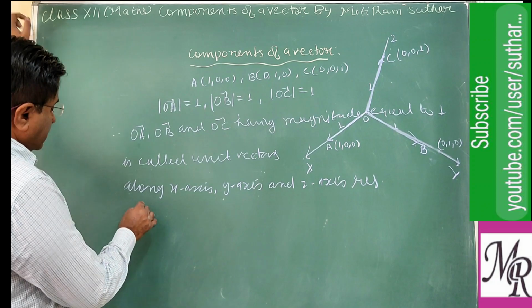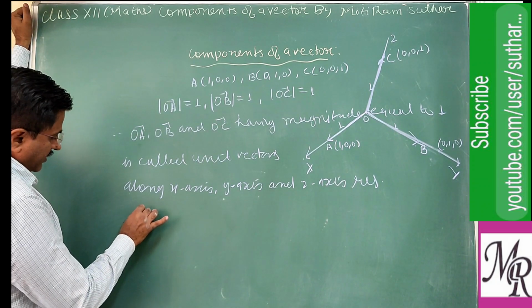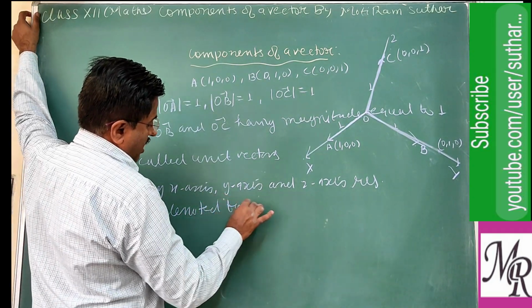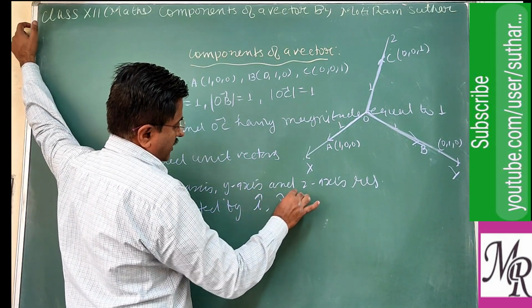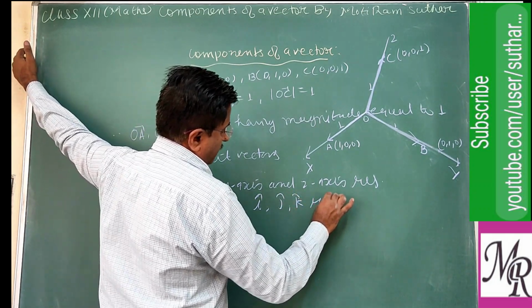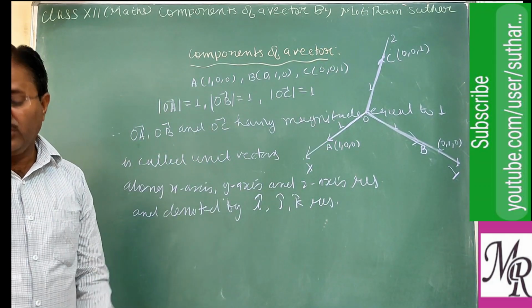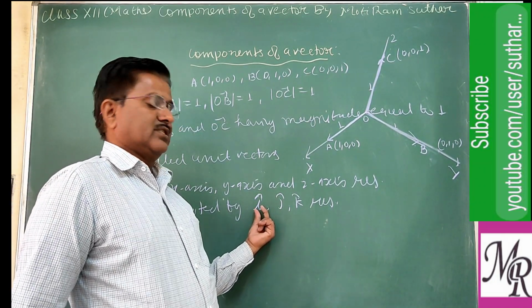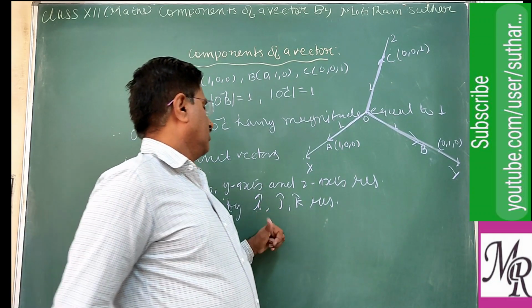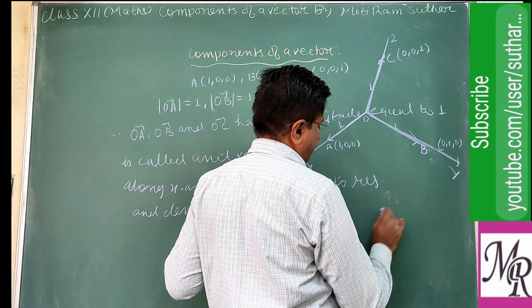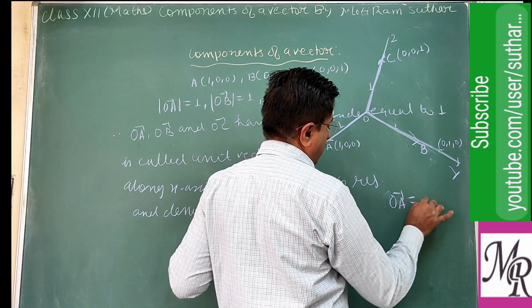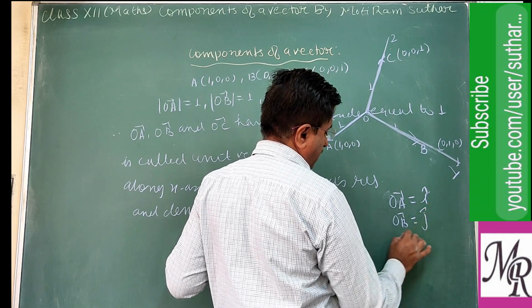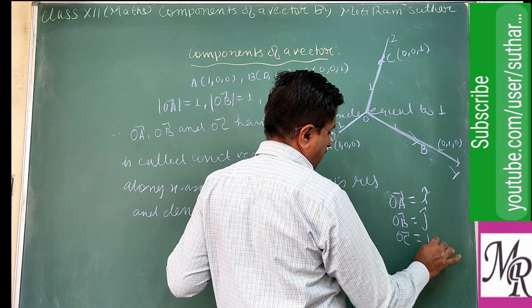These are universally accepted and denoted by i cap, j cap and k cap respectively. Clear? These are called unit vectors. i means vector OA. OA can be written as i, OB can be written as j, and OC as k.